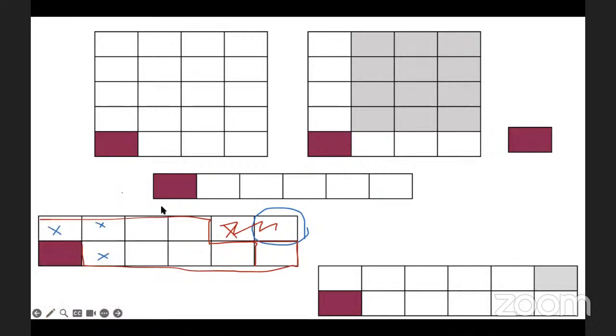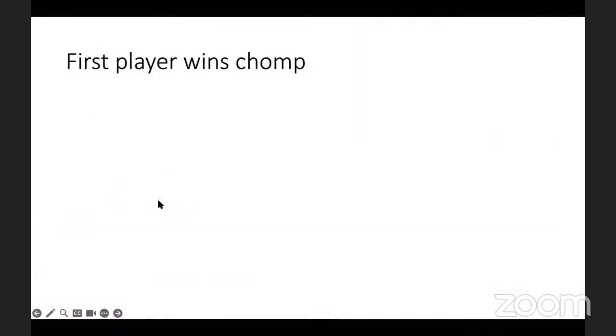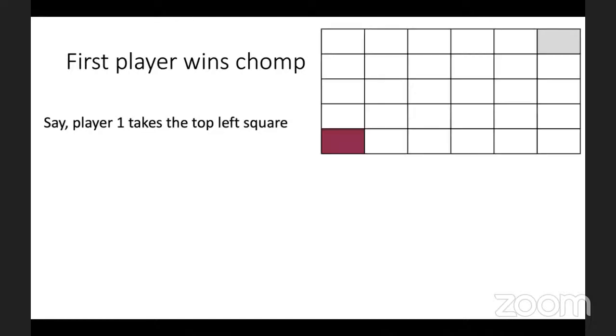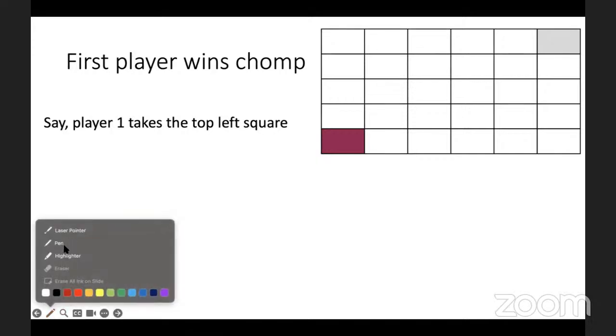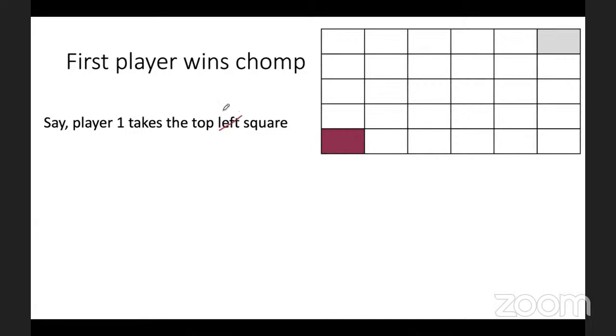But even when you can't, what you can claim is that the first player wins. Okay, so let's say that you have some arbitrary board. I'm not even working with the square boards or the 2x(n) or the single row, just some m by n board. And let's say that the first player takes the top right.